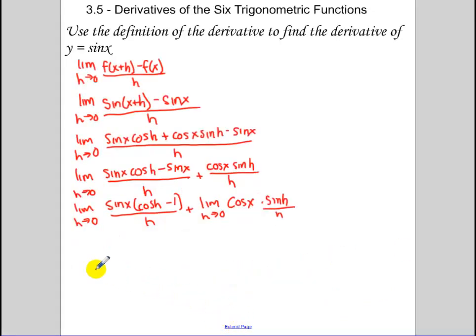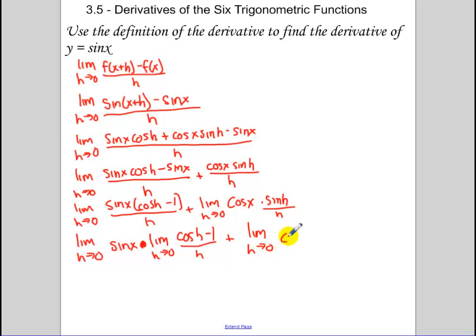So now, changing this up a little bit, I'm going to take that sine of x and just leave it hanging out with the limit as h goes to 0. I'm going to multiply that by a limit as h goes to 0 of cosine of h minus 1 all over h, and also do the same thing because we do have a product rule for limits.